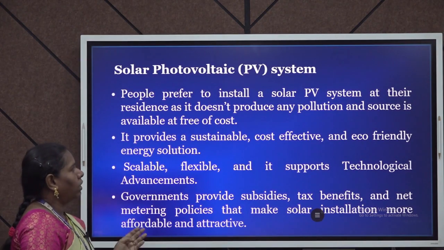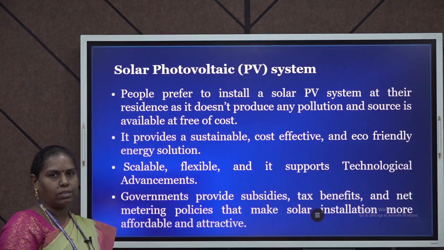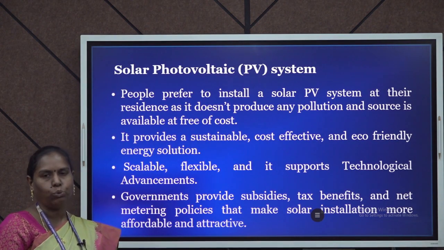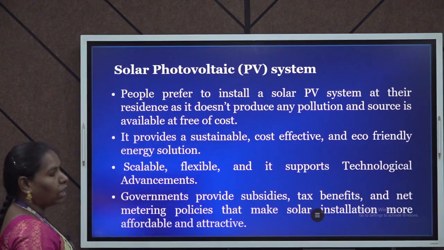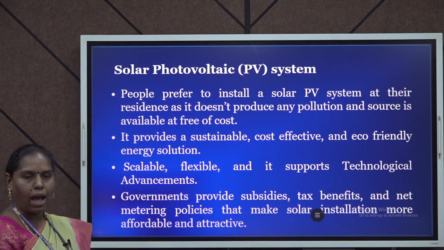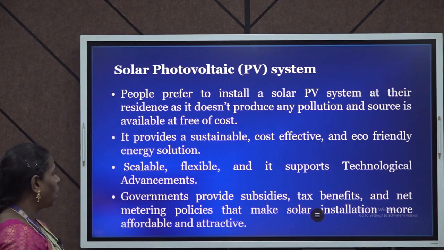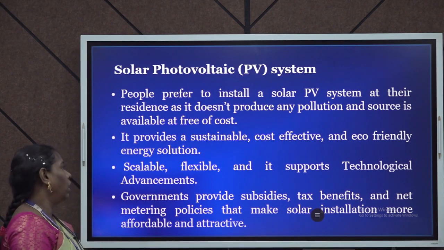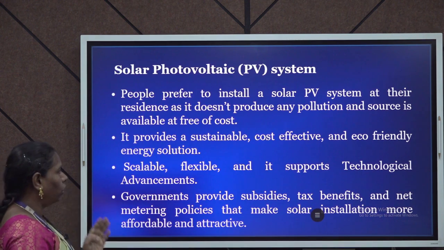People prefer to install solar photovoltaic systems in their residential areas. The reason behind this is that power generation through renewable energy sources, especially solar PV systems, doesn't produce any pollution and the source is available free of cost. Moreover, it provides sustainable, cost-effective and eco-friendly energy solutions. In addition to that, it is scalable.